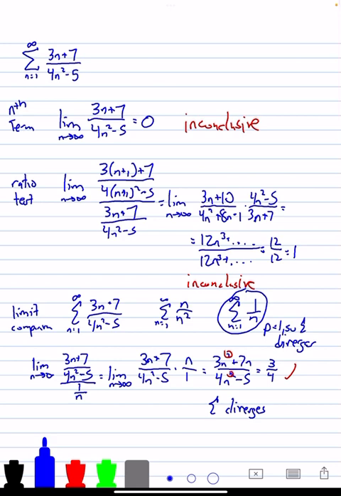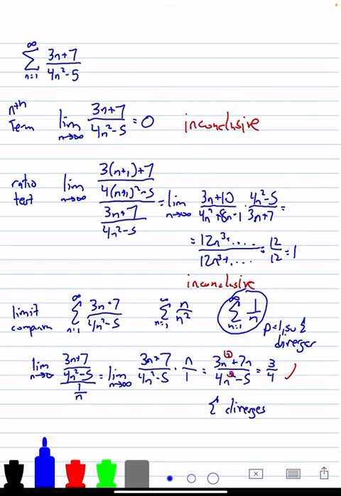So this is just an example of how you use the different tests. Now, preferably, you will use the limit comparison test for the first test. But just in case, this is how you can go through each test to confirm it. So we had to go through 3, but the whole idea for these tests is to start learning how to identify the test and kind of know what to use when.